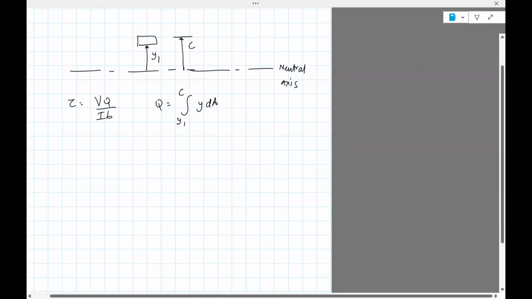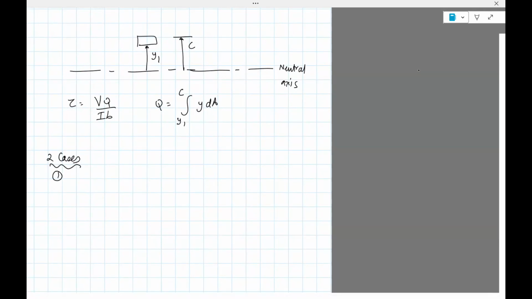Okay, so two cases. One, on the neutral axis. So if you're going from the neutral axis, y1 will be 0, then you can compute Q as 0 to c, y dA. Okay, now the integral from 0 to c of y dA is not equal to 0.